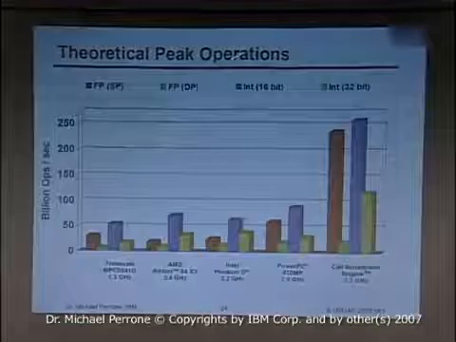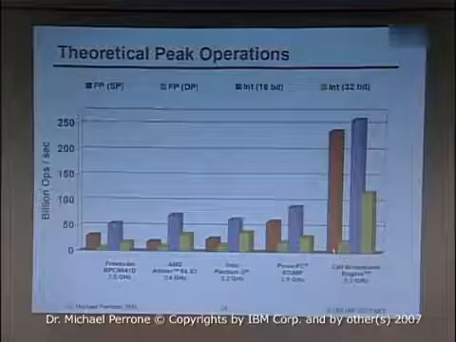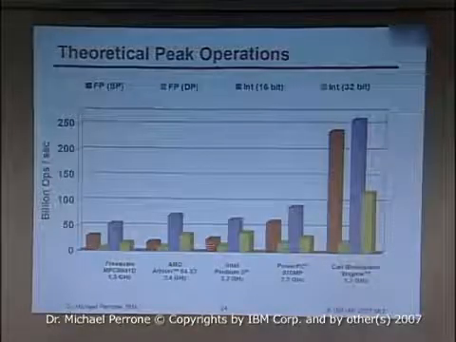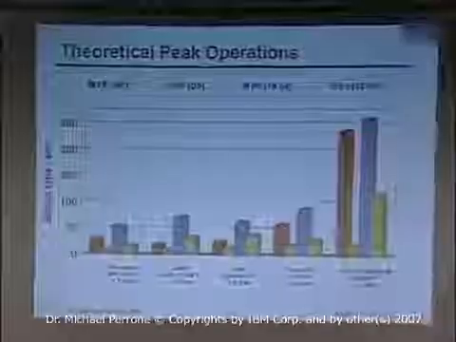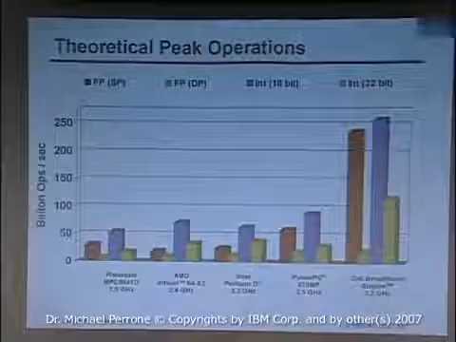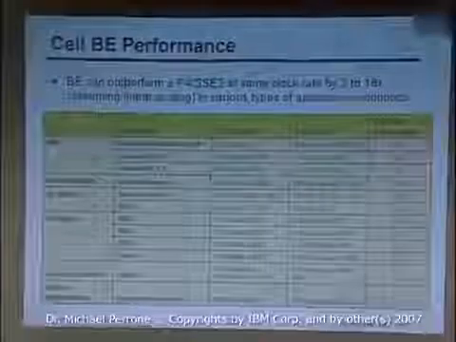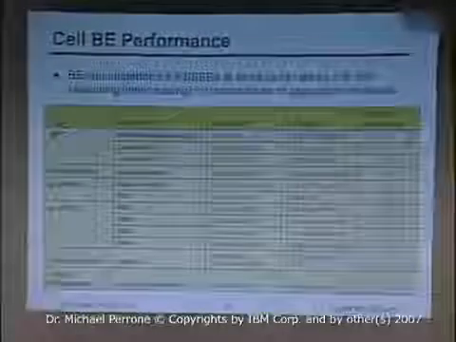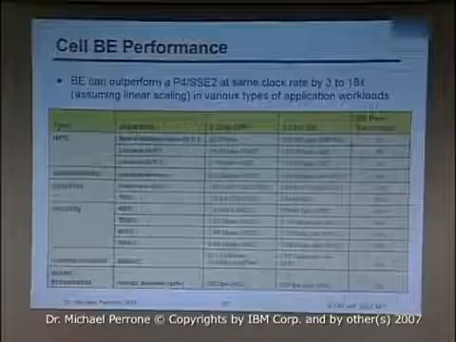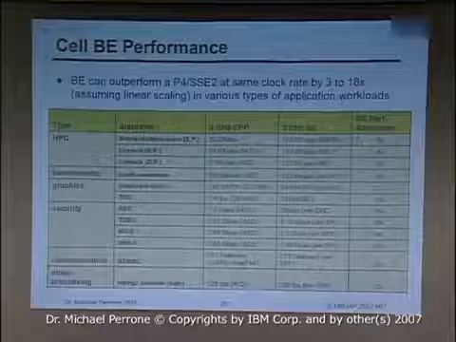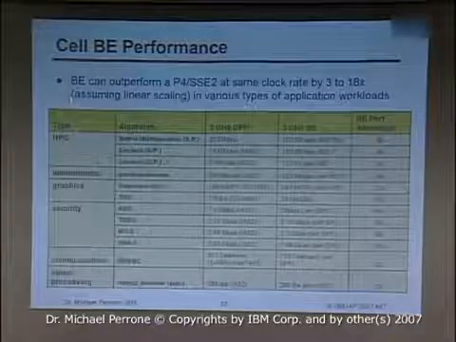Here's a comparison of theoretical peak performance of Cell versus Freescale, AMD, Intel over here. Very nice. That's the wow chart. That's theoretical peak. This is in practice. I don't know if you can read these numbers, but what you really want to focus on is the first and last columns.